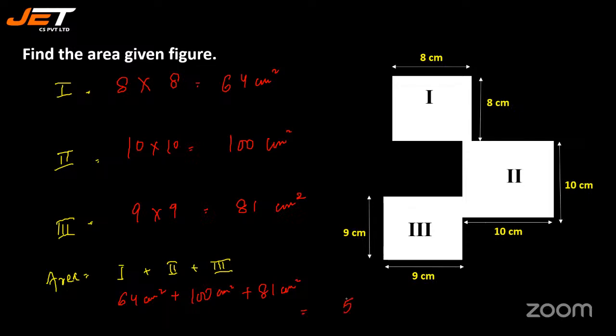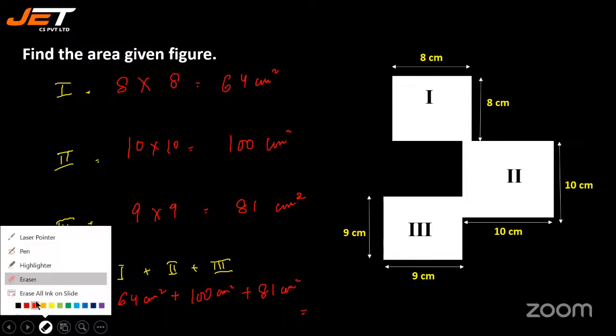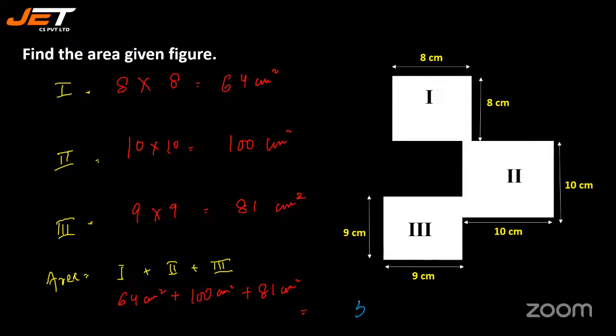To find the total area, I'll do 64 centimeters square plus 100 centimeters square plus 81 centimeters square, which will give you 245 centimeters square.